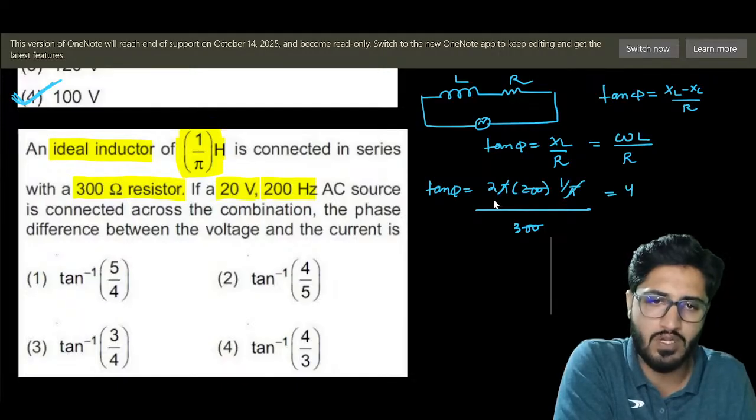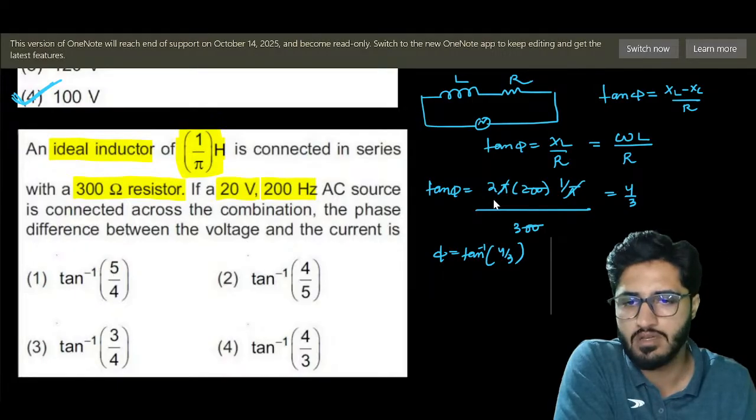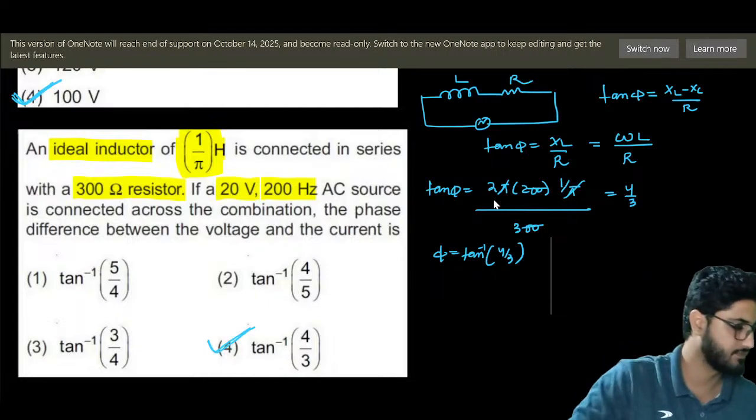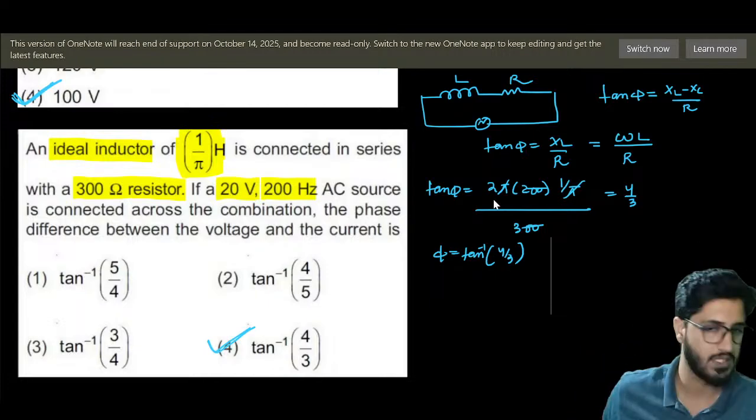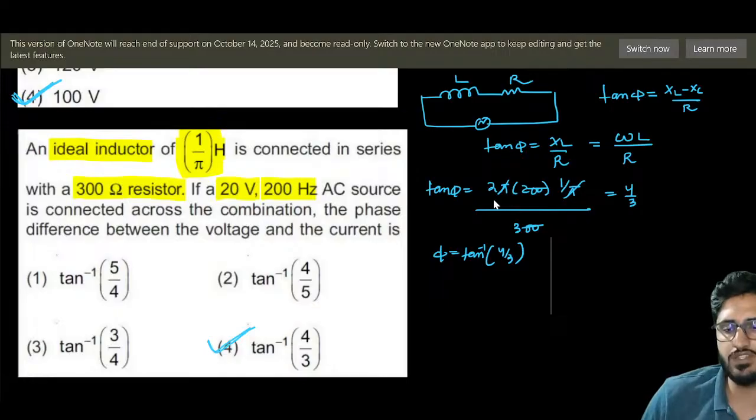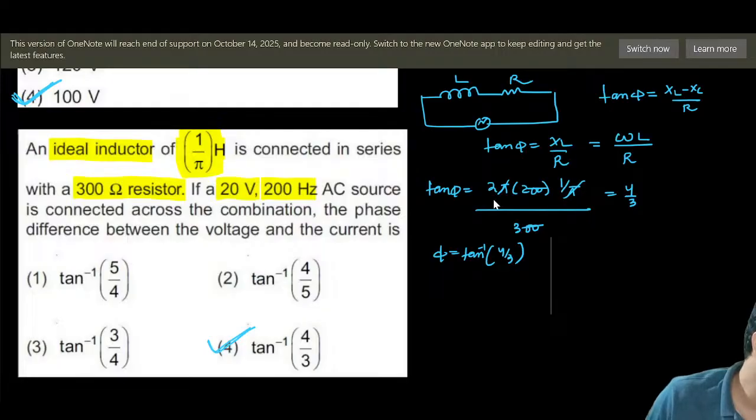It is 4 divided by 3. So phi equals tan inverse 4 by 3. This is my answer. Is this easy or super easy?